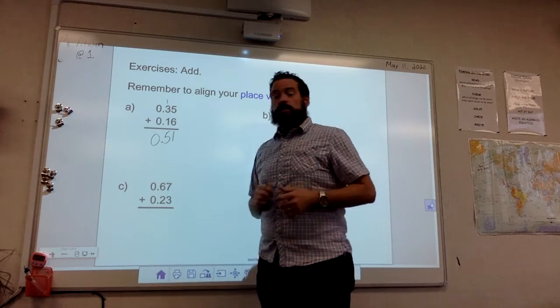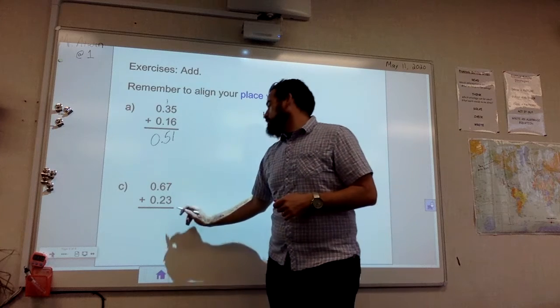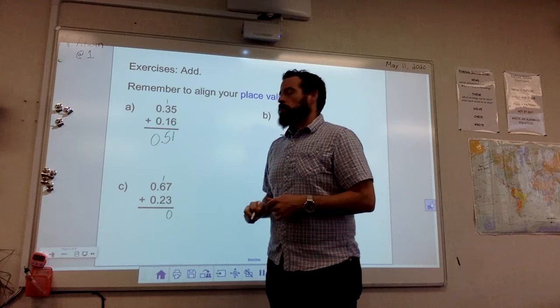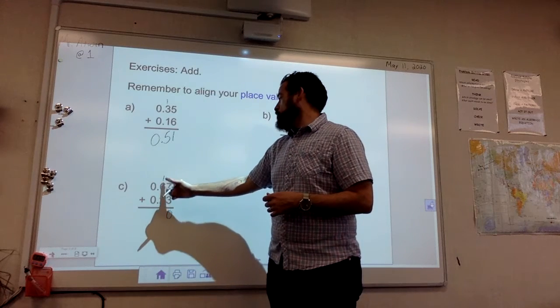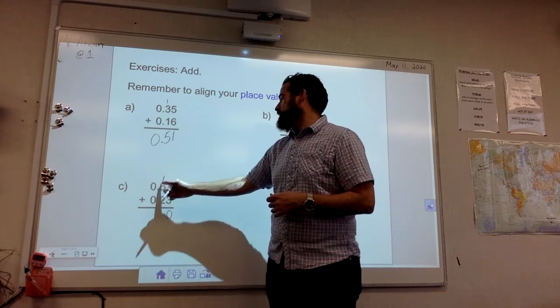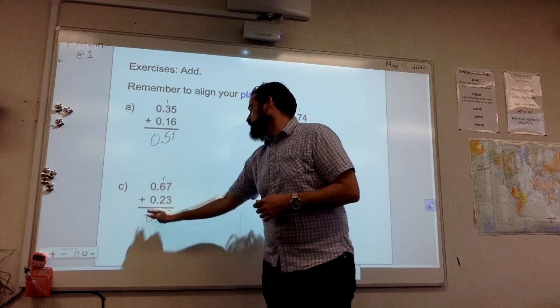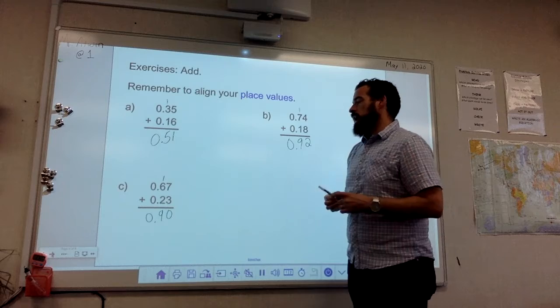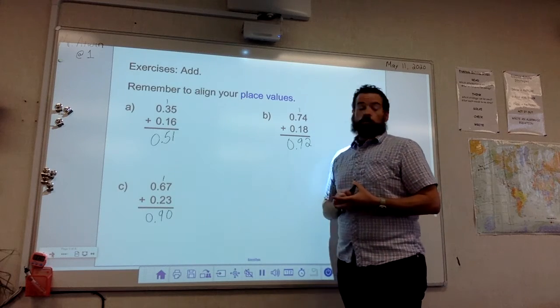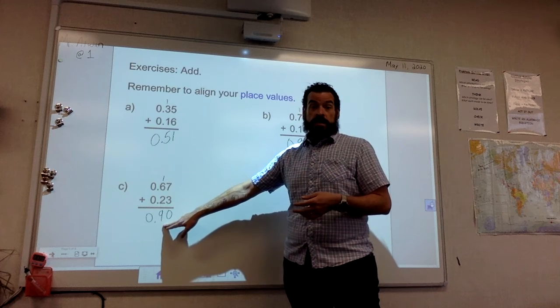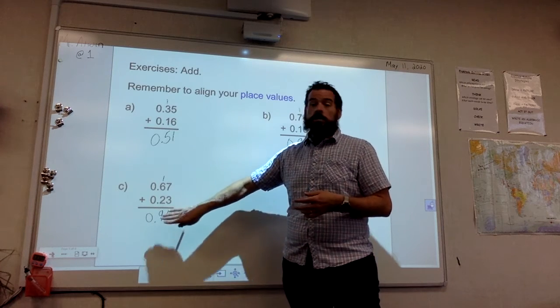And then finally for C, 7 plus 3 is 10. Make sure we regroup here. So 1 plus 6 is 7. 7 plus 2 is 9. Decimal, or 0. So 0.90, which you could say as the way it's written here would be 90 hundredths or 9 tenths.